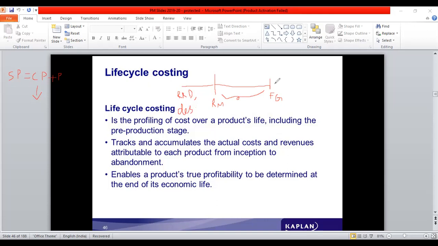Then there are certain other costs also. Once the product is delivered to the customers, it is not the end of it. There would be some more cost which can arise even after the product is delivered to the customer, like when the sales are made and the product is delivered. After that, let's say if there is any maintenance which has to be taken up, if any repair comes out.